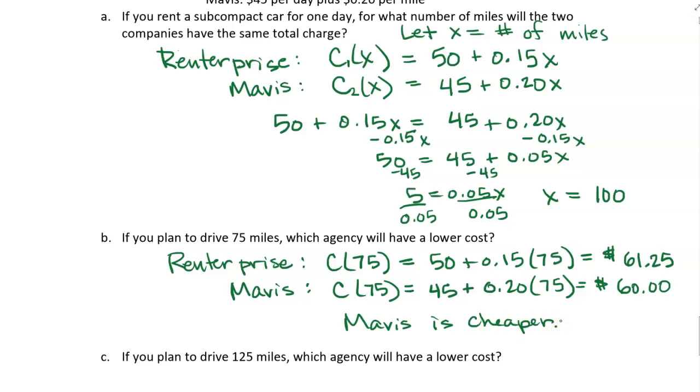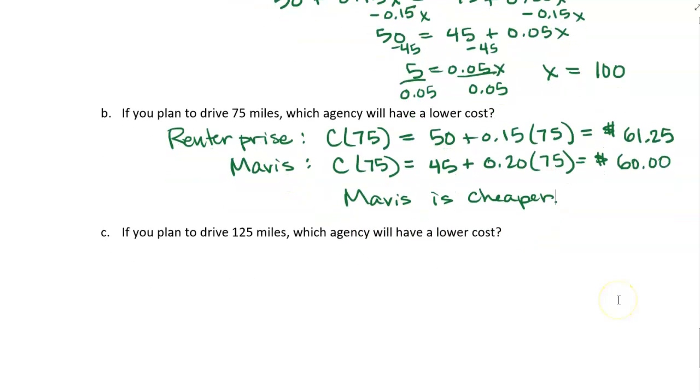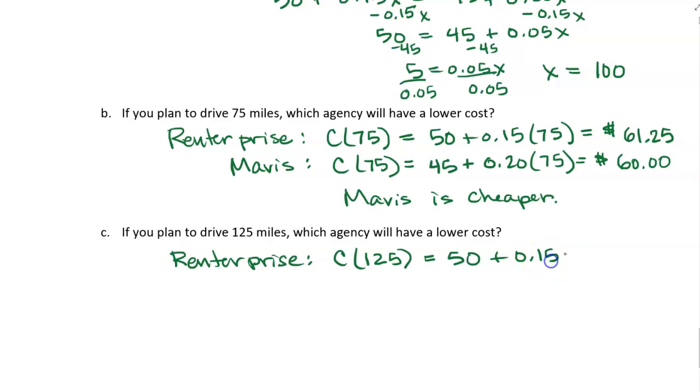Okay. Now, if we drive 125 miles, which one is going to be cheaper? Let's distinguish these two. For Renterprise, we're driving 125 miles, so the input to our cost function is 125. And so it's 50 plus 0.15 times 125.